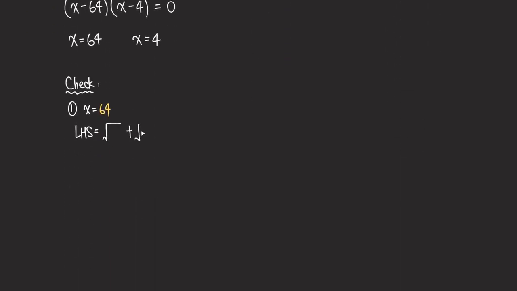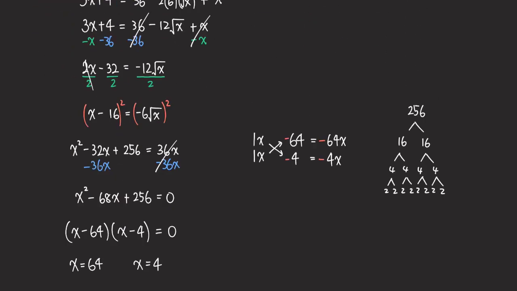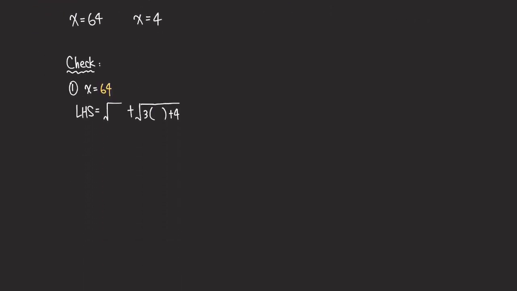So plus 3 times blank and then plus 4, right? And then the right-hand side is the 6. Let's just keep that in mind. So we get 64 over here and 64 over here.